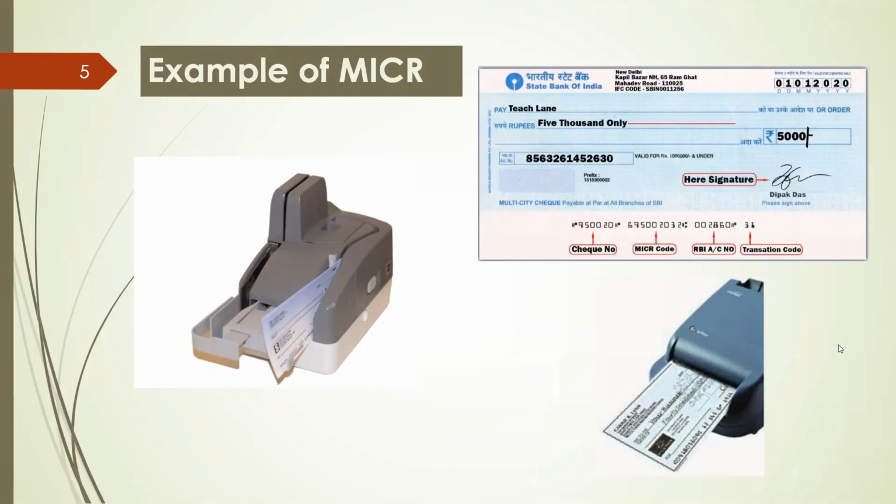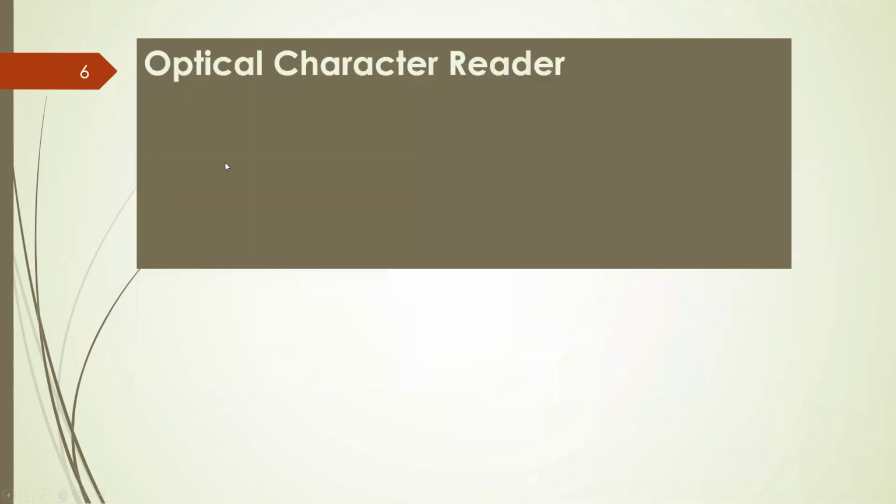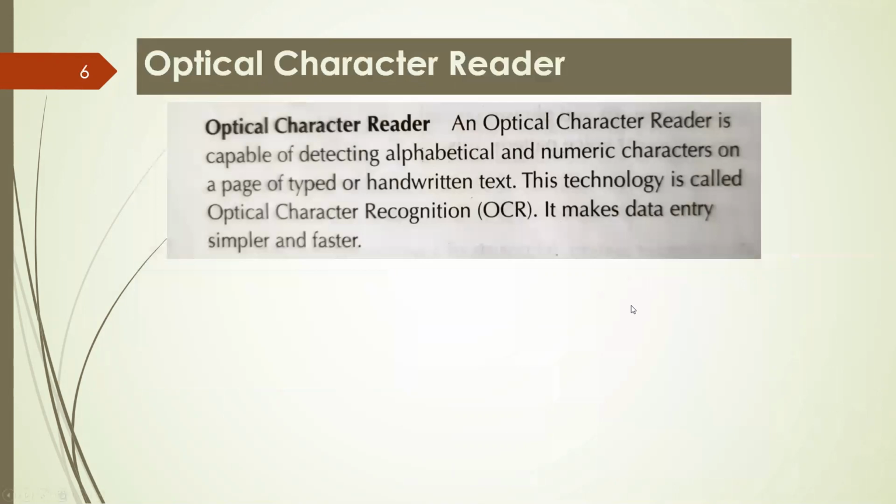Next is optical character reader. An optical character reader is capable of detecting alphabetical and numeric characters on a page of typed or handwritten text.